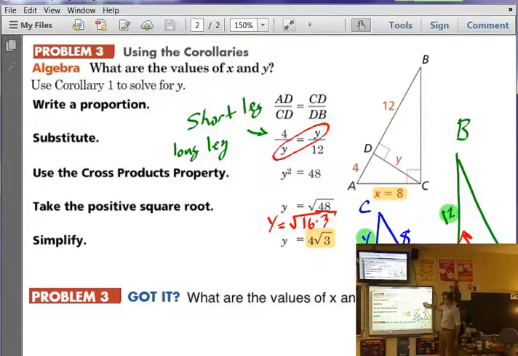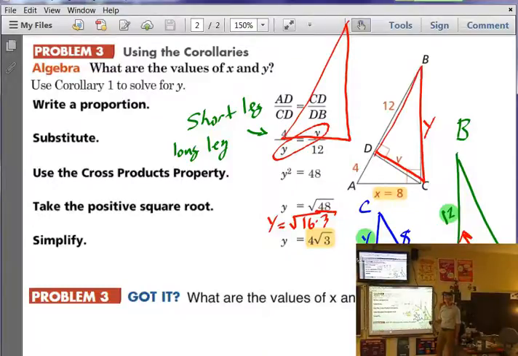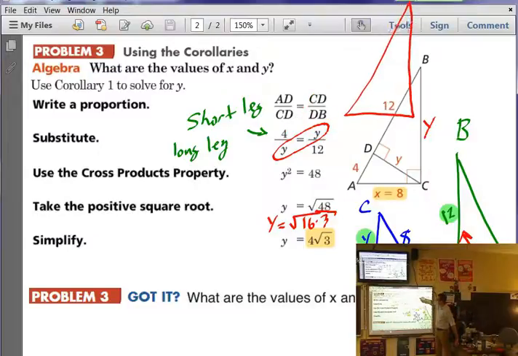So Ethan, if this was my y side, it's my long leg of my big triangle, or it's the hypotenuse of my middle triangle. So again, I could solve that setting up those ratios, but it would be different since it would then be the long side and the hypotenuse as opposed to long leg and short leg, which is what it is right here. It's a leg on both triangles.